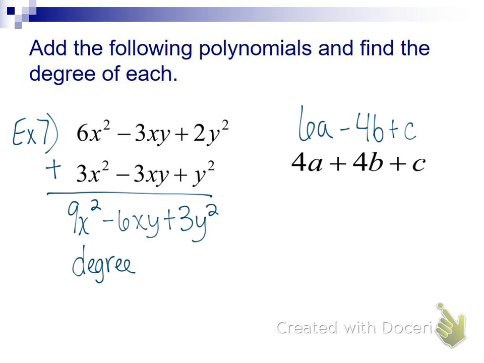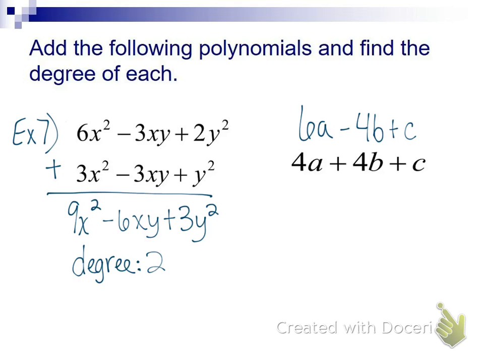Nope. 2. You pick the highest one. If they're all the same, it's just going to be 2. Okay, so to find each individual term's degree, you add the exponents. Exponents only, you don't include coefficients. And then to find the degree overall, you pick the highest one. But if they're all the same, they're all the highest one, it's just 2.